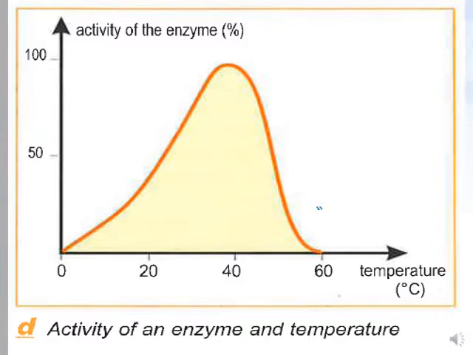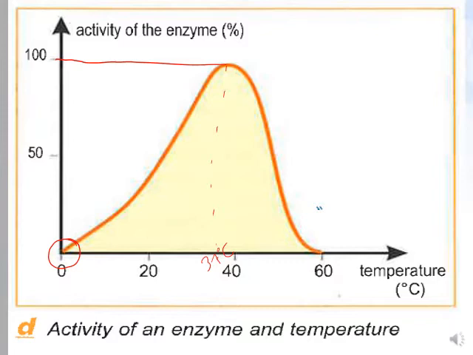If you see here, the activity of the enzyme was 0 when the temperature was 0. And as the temperature increases, the activity of the enzyme increases to reach its maximum of 100 at approximately 37 degrees Celsius, which is the body's temperature.